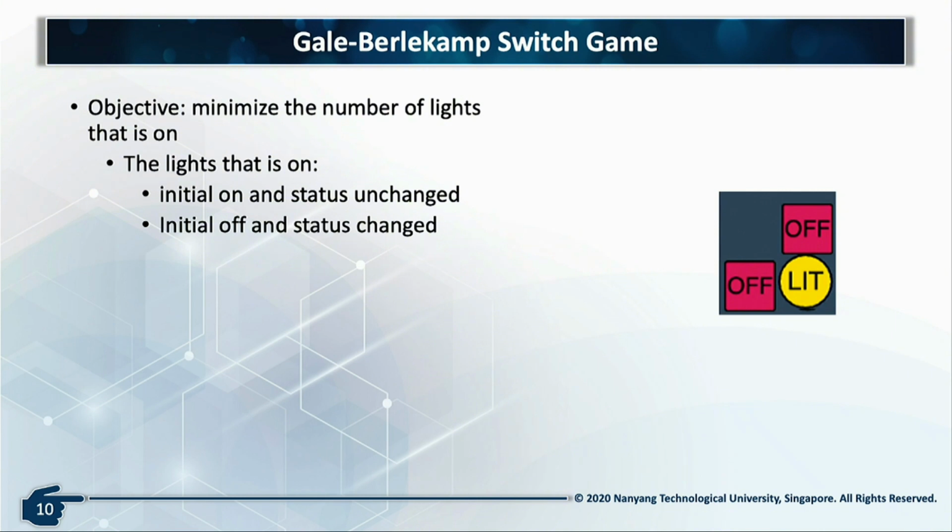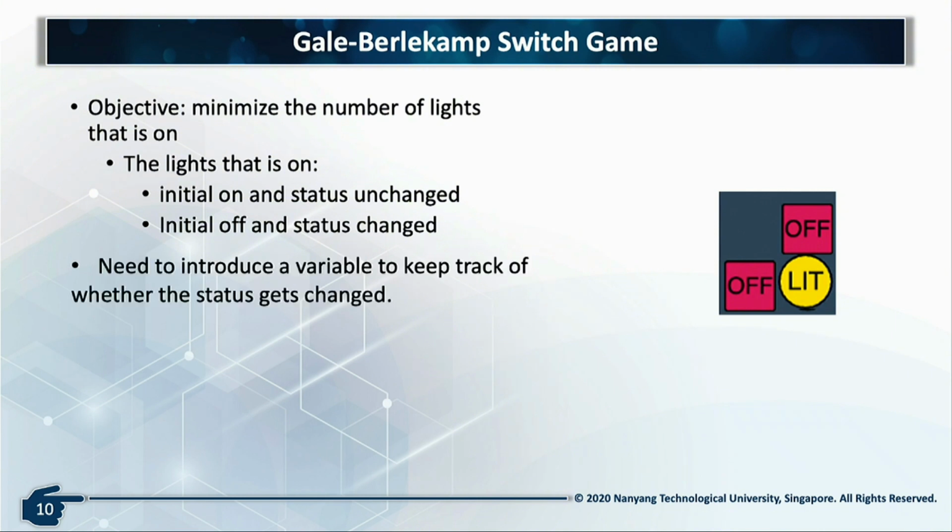Clear? Very good. Now, we know that the initial state of the light can be indicated by Cij we have introduced before, which is the input data. To formulate this objective, it is necessary for us to introduce another set of variables to keep track of whether the status of each light is changed or not.